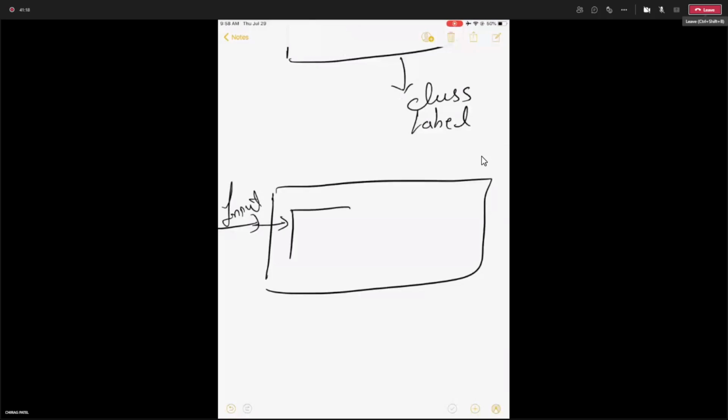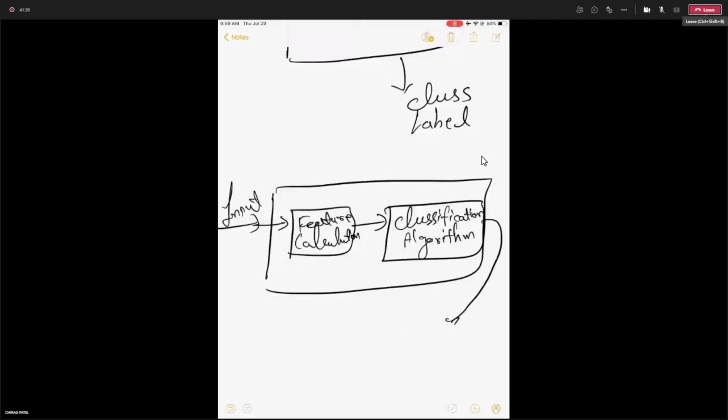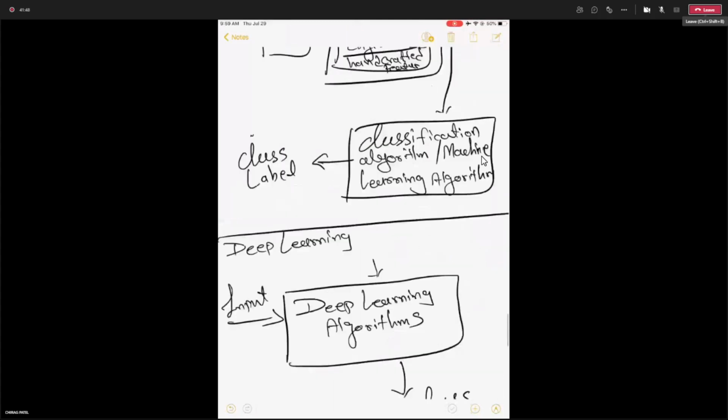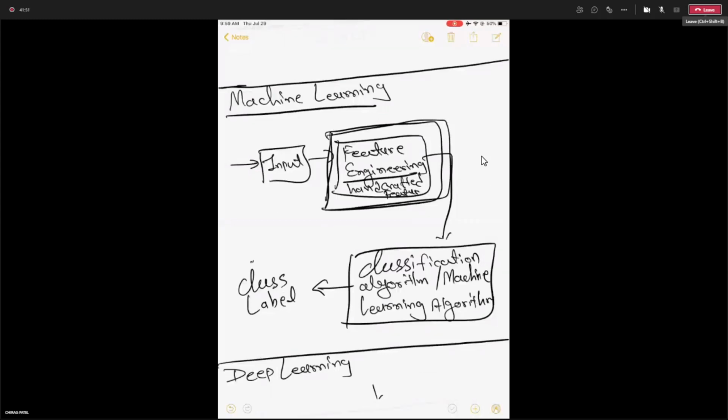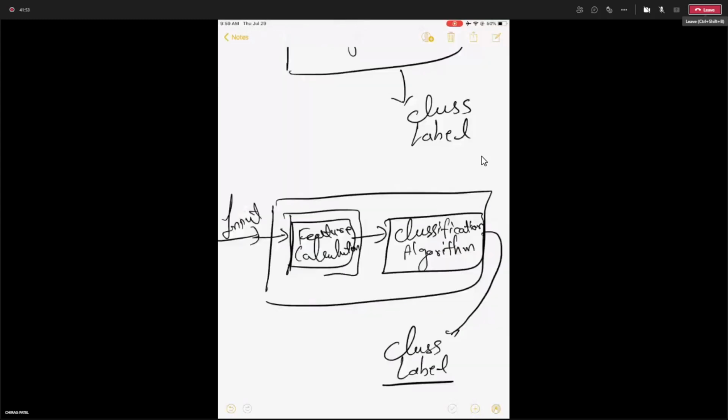This box itself finds the features. Then you have your classification, and after that you have your class label. So whatever was done by us earlier is now done by your deep learning algorithm, not by a specific programmer or coder.